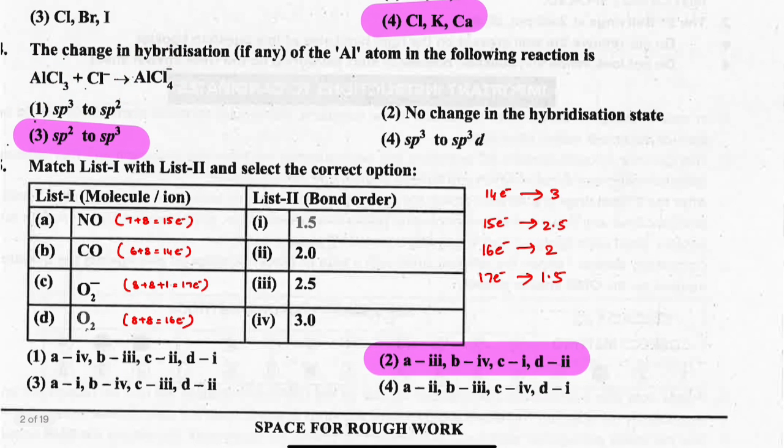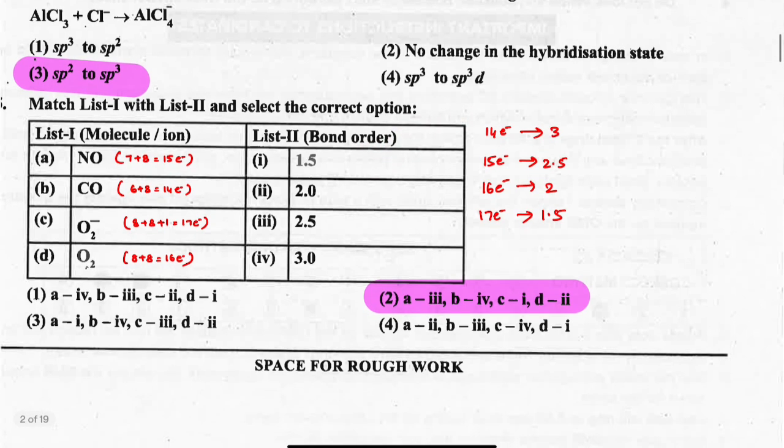Next, match list 1 and list 2. Select the correct option. So here you can see the molecule or ion is given and here the bond order is given. Students, in the previous video I made a trick on bond order. So easily you can find the bond order of any molecule if you know the number of electrons.